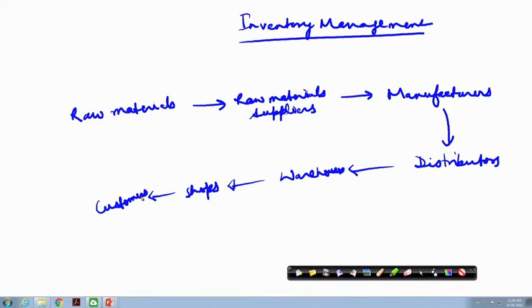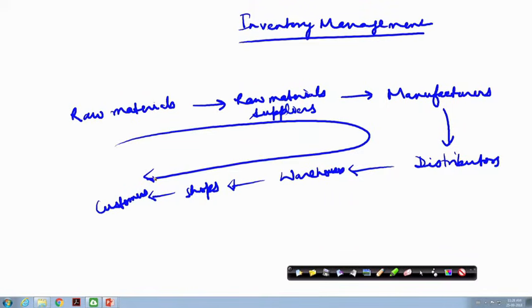So, as you can see, this is the whole supply chain. It starts with raw materials procurement and supply, delivered to the manufacturers. The manufacturers use those raw materials to produce the goods. The manufactured goods are then distributed, sent to the warehouses, finally to the retail shops, and then purchased by the customers.